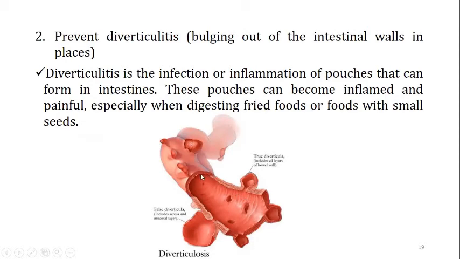Diverticula, the diverticulum, are the pouches on the intestinal wall.